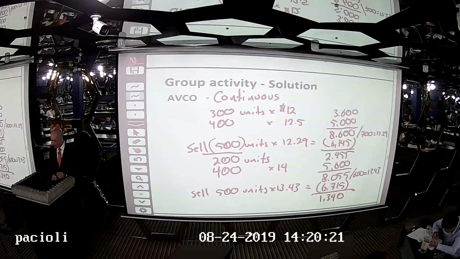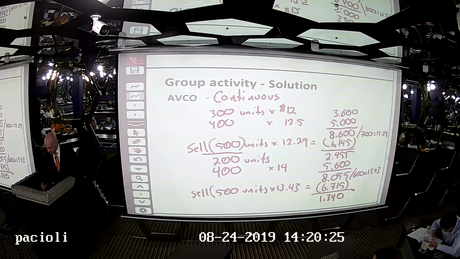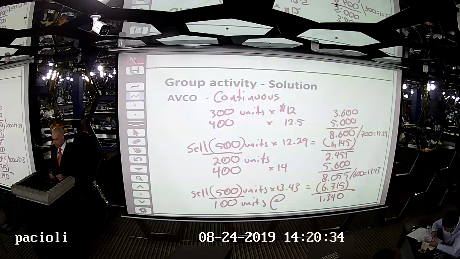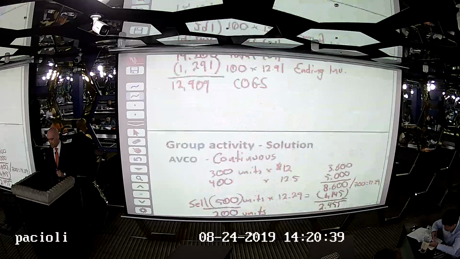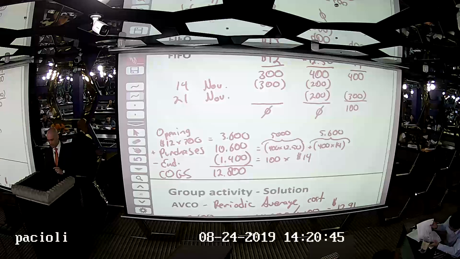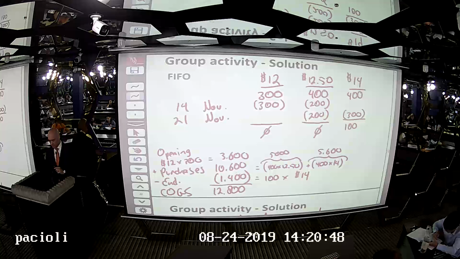We have closing inventory of 1,340, and the number of units that we're left with is 100 units at 1,340. So the closing inventory is 1,340, whereas using periodic average cost it was 1,291, and using FIFO the ending inventory is 1,400.